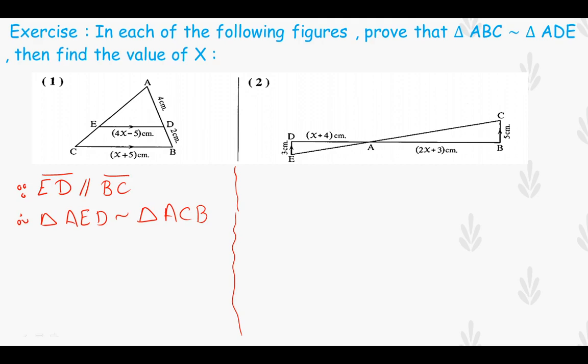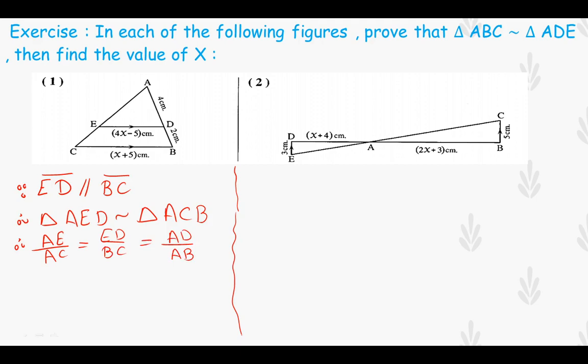We all know from corollary 1 that if ED is parallel to BC, then triangle AED is similar to triangle ACB. Okay, then we are going to write the corresponding sides. So AE over AC equals ED over BC equals AD over AB.